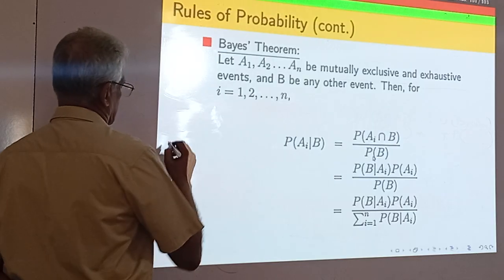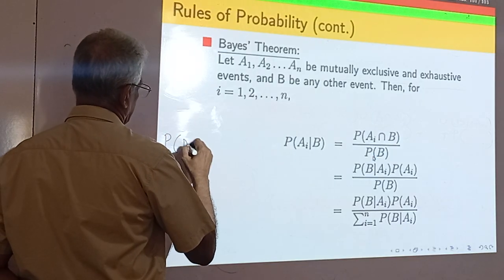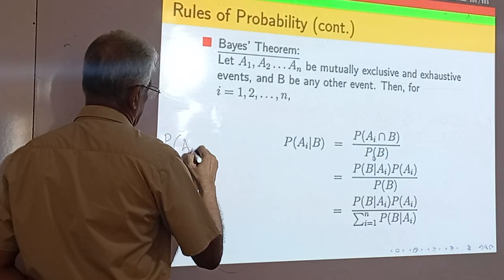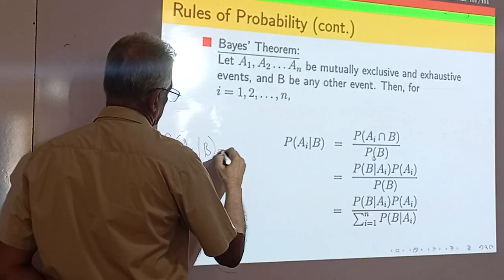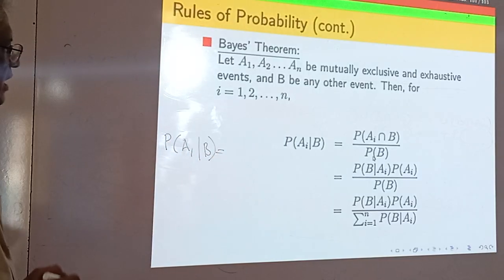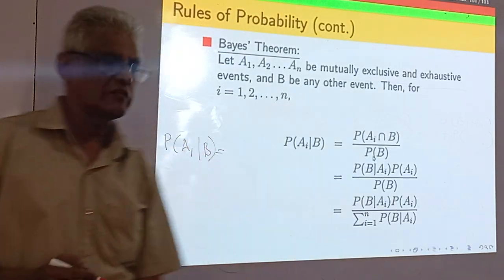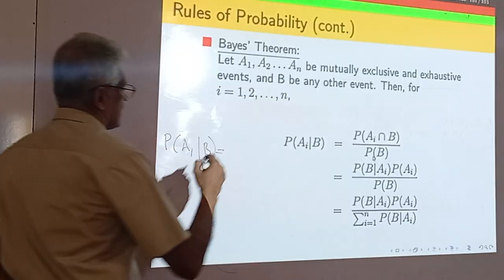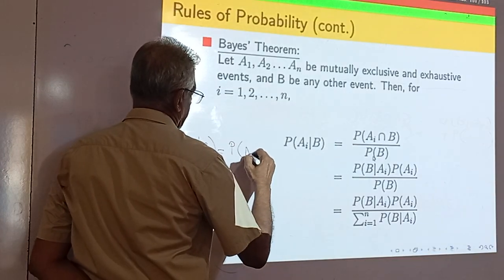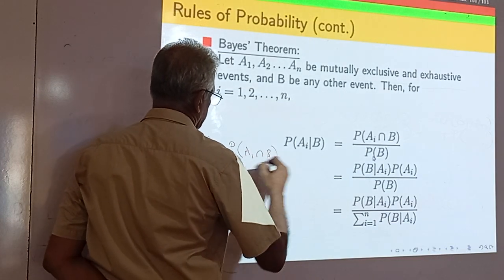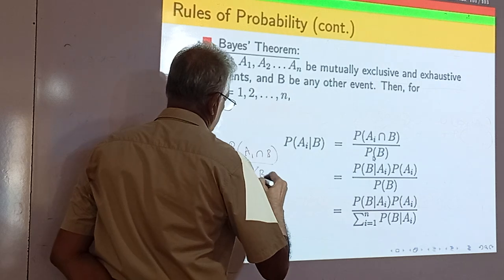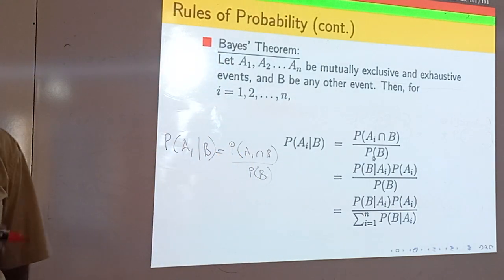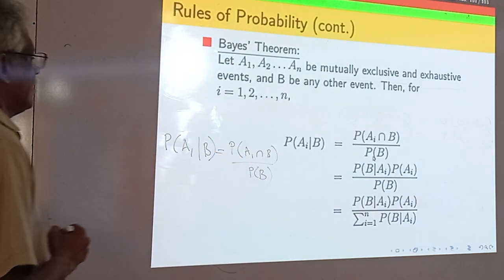So the same situation, but now you need, for example, probability of say A1 given B. I can be 1 up to any value. Right? So by definition, this is equal to probability of A1 intersection B divided by probability of B. That is the definition of the conditional probability.